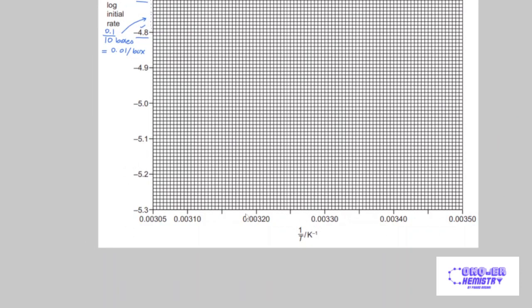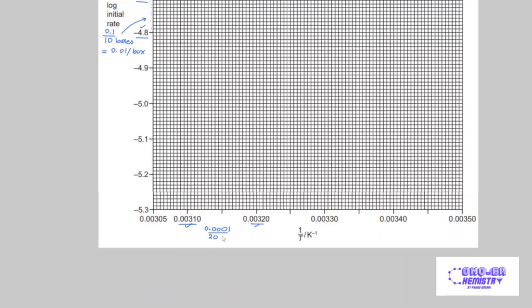All right, so over here we have these readings, 0.00310, 0.00320. So the difference between these two is 0.0001. All right, and if you count carefully, there are 20 boxes between these two markings, these two readings.